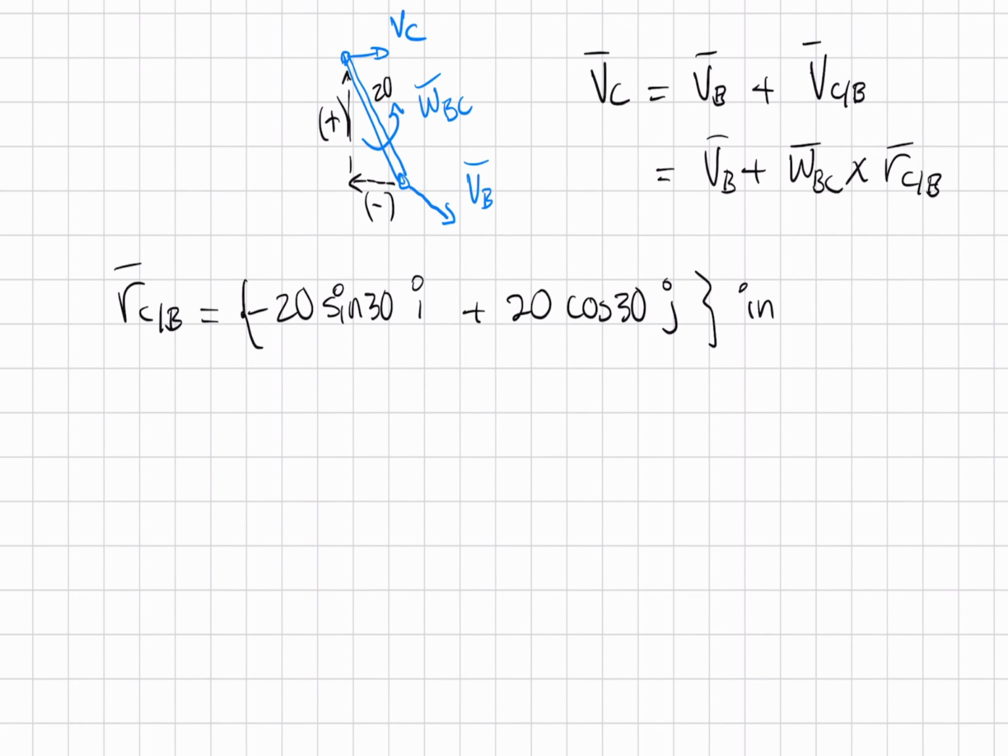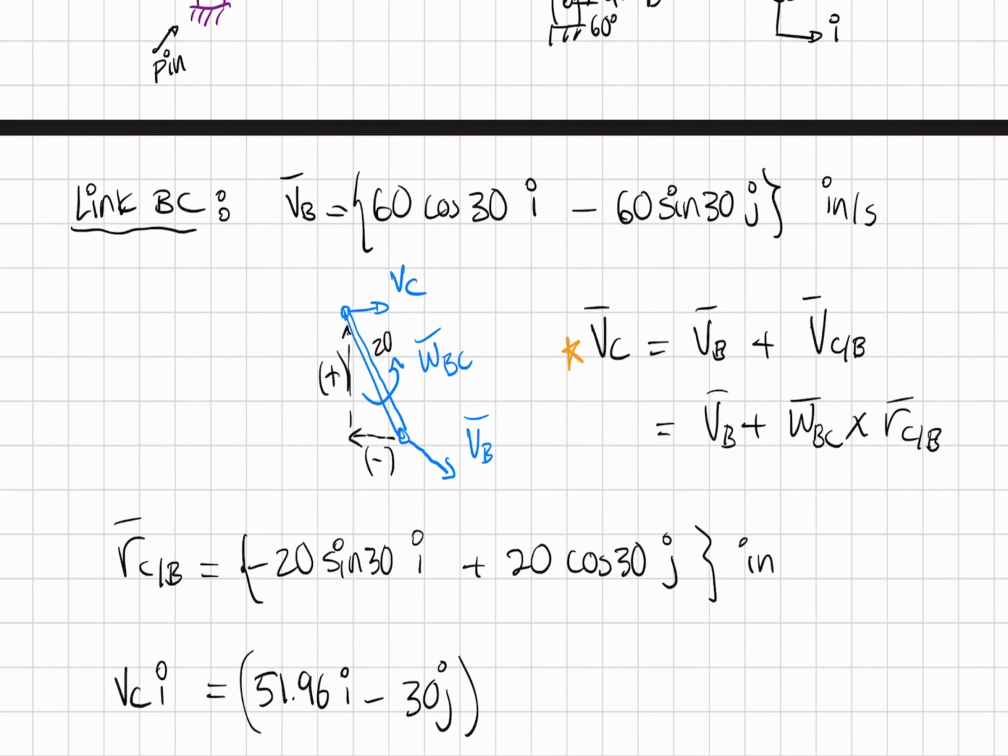Okay, so going back to this important equation, we could utilize it. We could say VC is only going in the horizontal direction. So in vector format, it's VC I. And this is equal to 51.96 I minus 30 j.